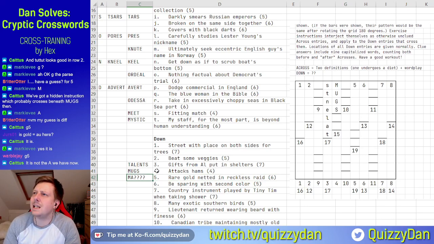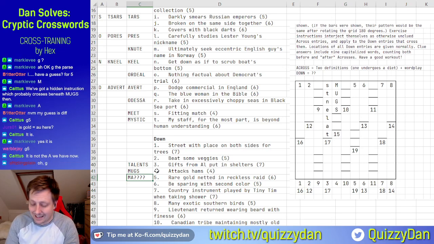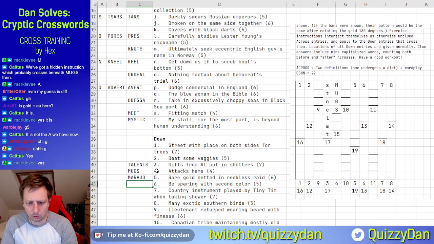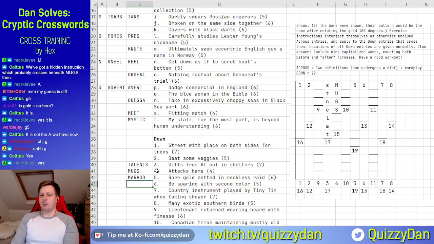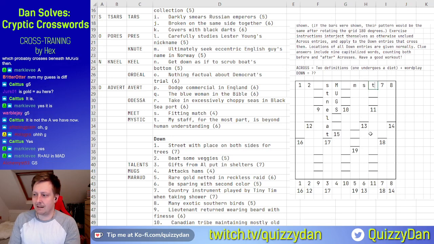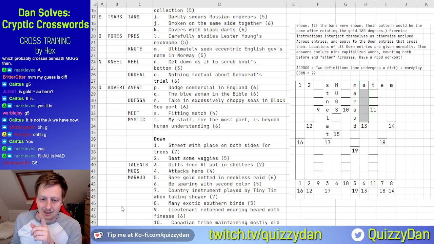Is the definition raid, and is it maraud? So rare could be R. AU can be gold, and if you're reckless, you're mad. There you go. It's maraud, which could easily go there, because then we can have stem along here. Maraud. That fits nicely. So let's hope that 6 starts with S.